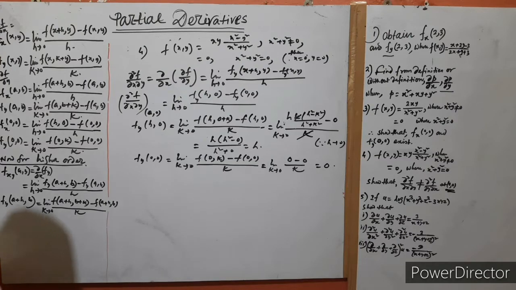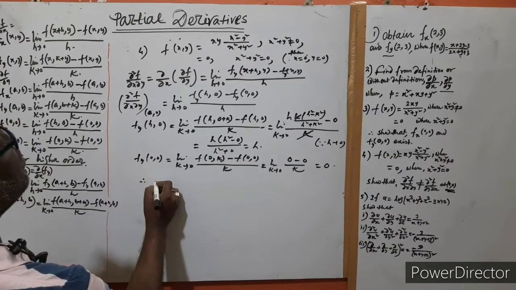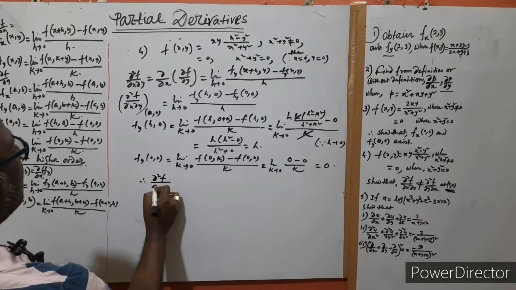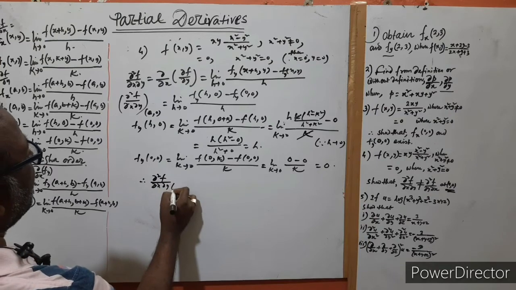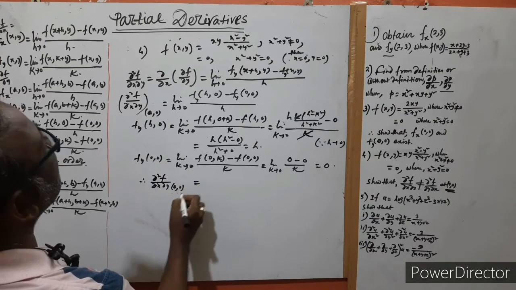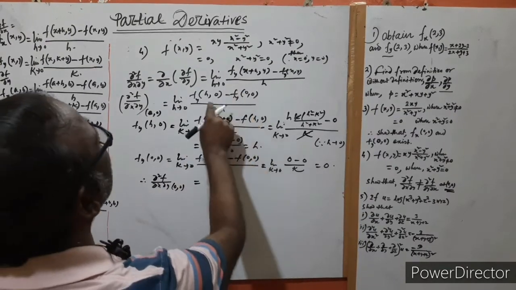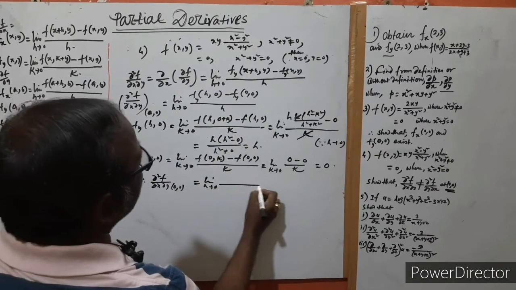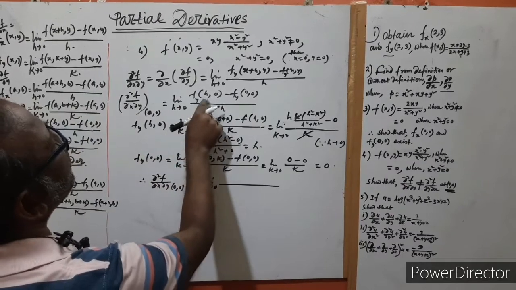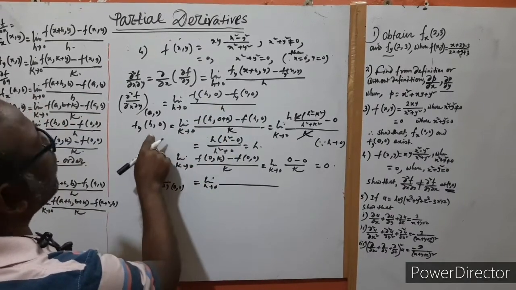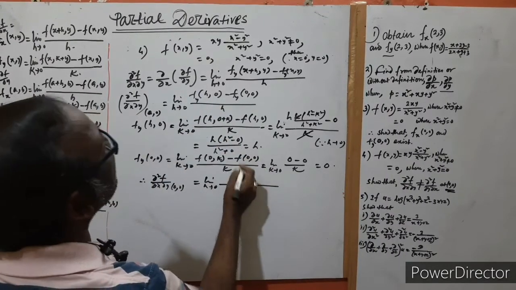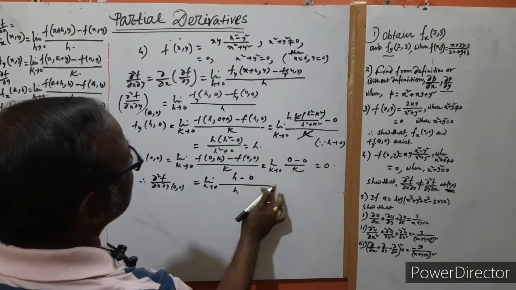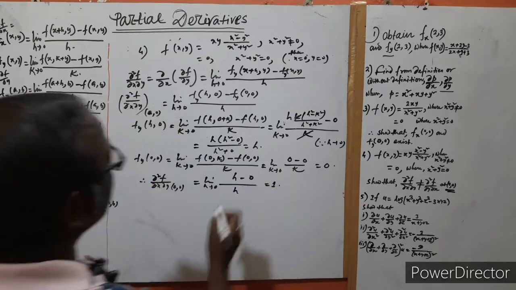Therefore del 2f del x del y at (0, 0) is equal to the limit h tends to 0, f suffix y of (h, 0) by h, the value h minus 0 by h, and this is equal to 1.